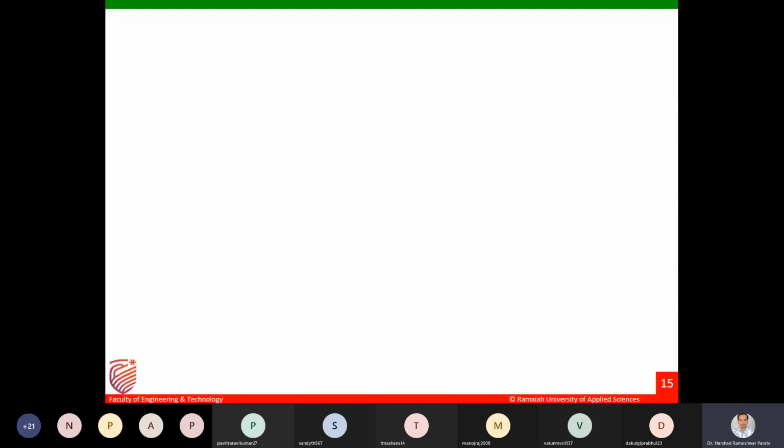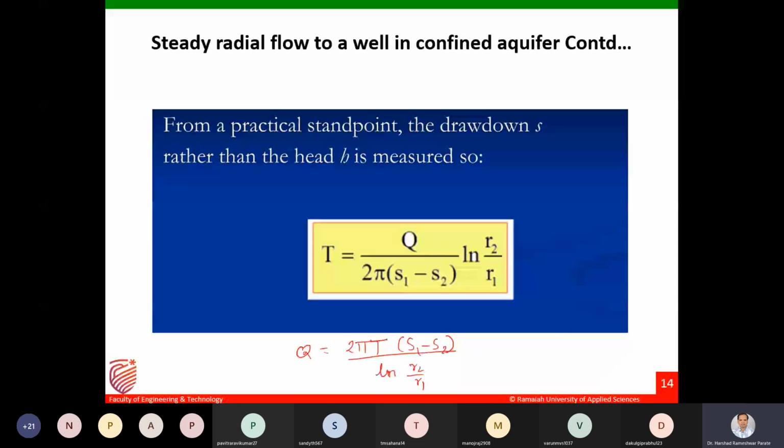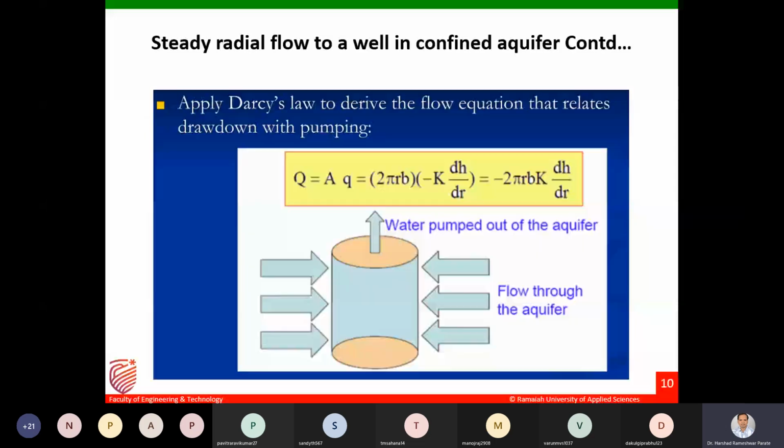Further, if you just consider the edge, like here we calculated with respect to the surrounding bore wells at a distance of R1 and R2.